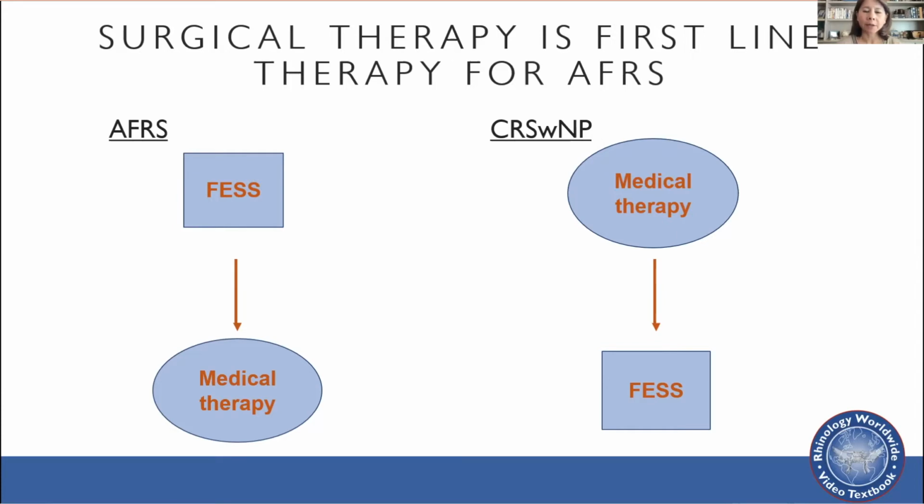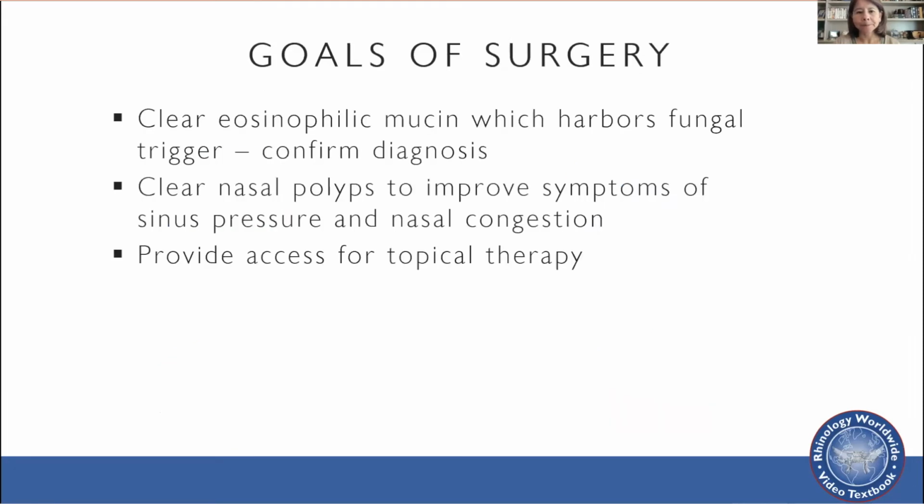And so sinus surgery is usually recommended first, followed by medical therapy, because as we know, surgery is often not curative for these patients, and they do need some continued medical therapy to keep these polyps from coming back.